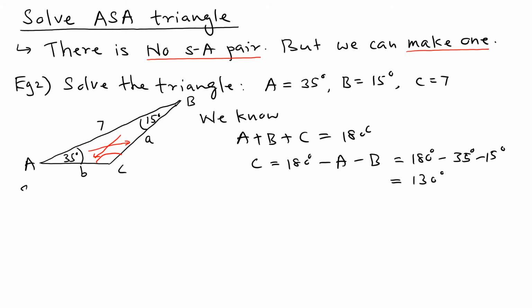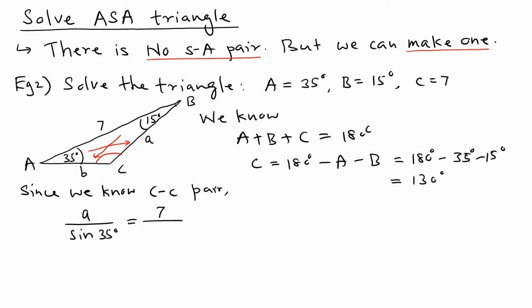Once you find that angle, then we're going to get the SA pair. Now, since we know the uppercase-lowercase pair, we can use the sine law. To find A, we can write A over sine 35, the corresponding opposite angle, equal to the SA pair here, which is c equals 7 over sine 130, the opposite angle that we just found.